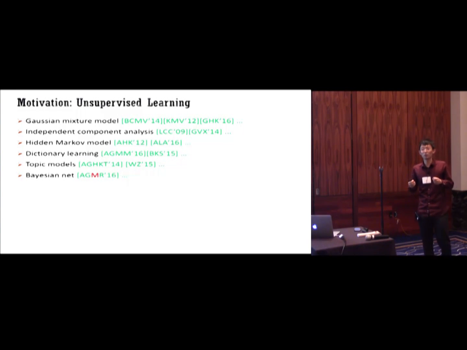And what is more important is that there are still many open questions in unsupervised learning which could be solved if you have better algorithmic tools for tensor decomposition. For example, the last one here is an example. In our recent work, we used the machinery developed in the paper of this talk, together with other techniques, to solve some unsupervised learning problems, namely Bayesian networks, that we couldn't do before.